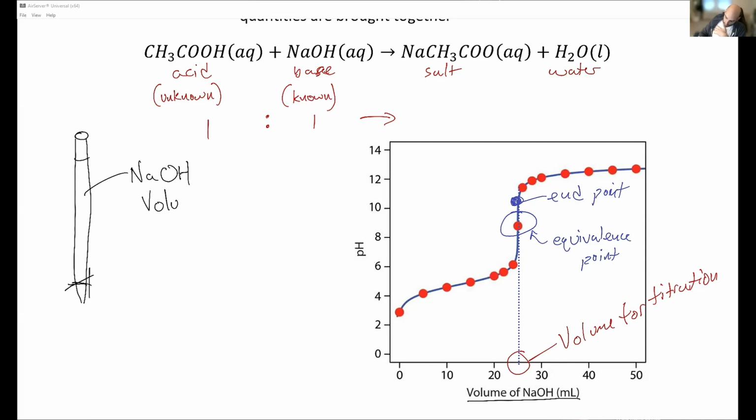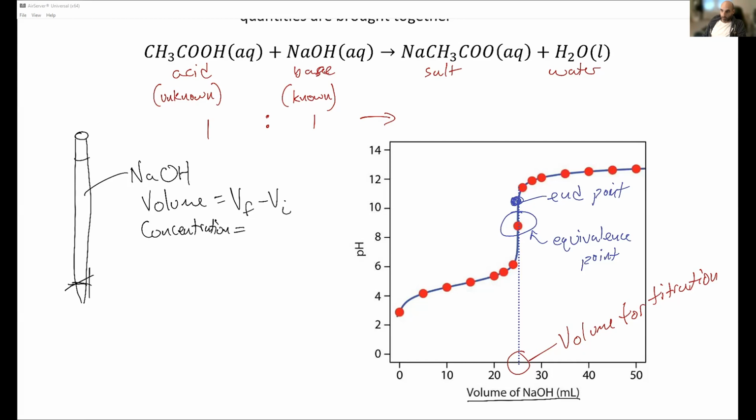I'm going to know the volume, because I'm going to do volume final minus volume initial when I do the titration. And I'm going to know the concentration because I've standardized it, and we'll talk about standardization during the lab. Or more importantly, I've made this solution. Having made this solution makes it pretty easy.